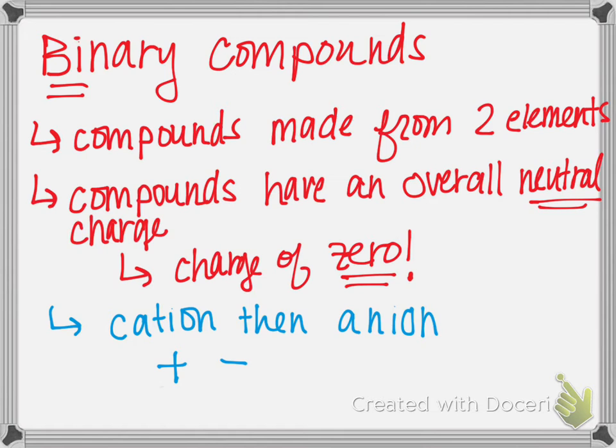So let's try another one here. Let's say I had a compound between calcium and oxygen. Okay, I want to build a formula between calcium and oxygen. So I need to look at what their charges are. So look at your periodic table of ions and find calcium.